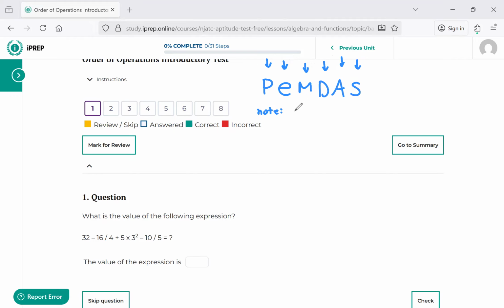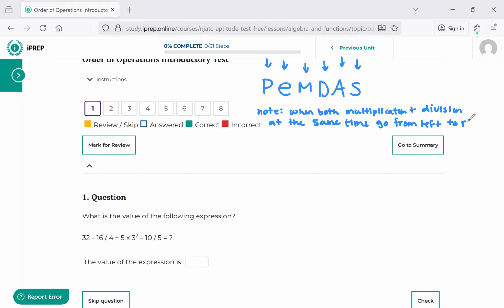when you have both multiplication and division at the same time, what you would do is do both, but you're going to go from left to right.